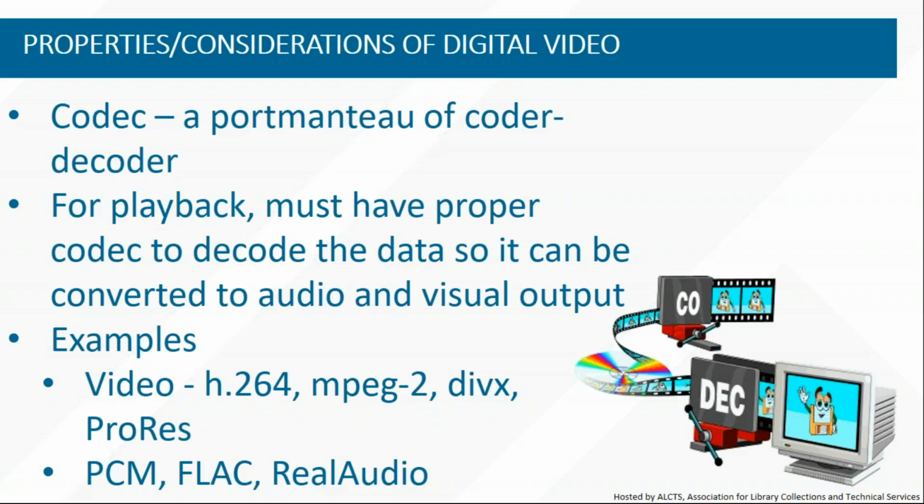It's sort of like the secret code that unlocks the video output so that you can actually play it back and read it. Some examples of common codecs that you'll see are H.264, MPEG-2, which is DVD, DivX, and ProRes files.